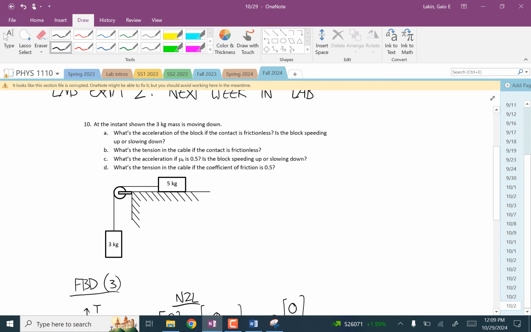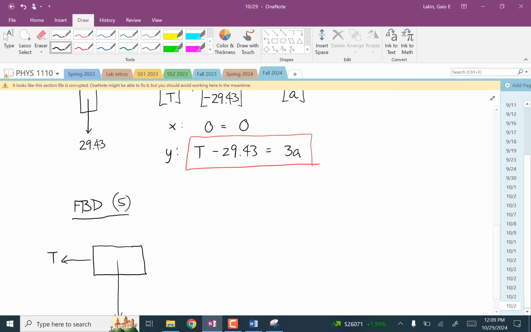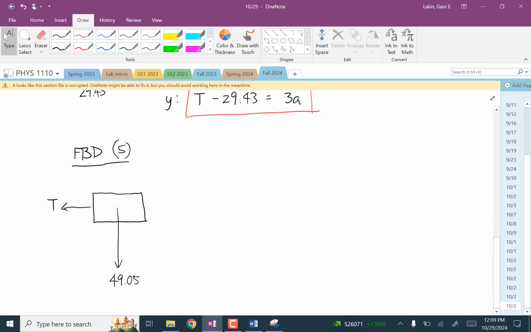It says at this instant the 3 kilogram is moving down, which means this block at this instant is sliding to the left. Does everyone see that? And so that means that the friction force is to the right. So there's a normal force here, I'll call that N, and then there's a friction force of 0.5 times N.